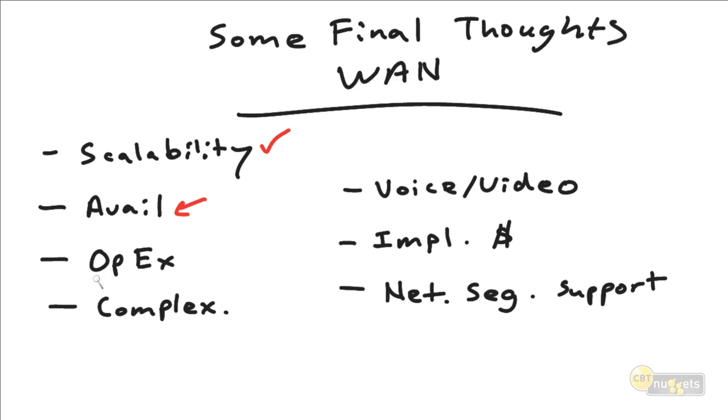And how about the continuing operational expenses of the solution? How about the complexity of the solution? Can the organization handle that? Does it provide the appropriate voice and video support? How about the cost of the initial implementation? And finally, does the WAN solution support the network segmentation that an organization might desire?